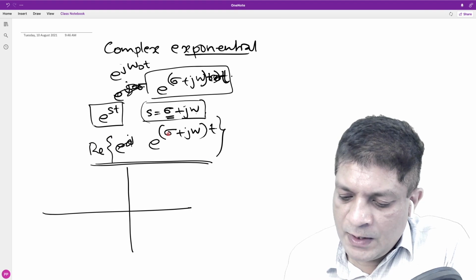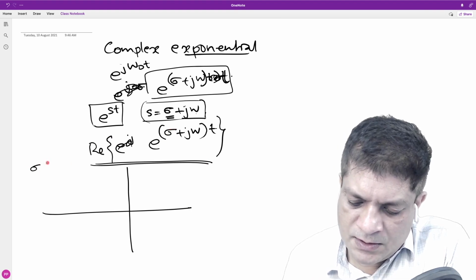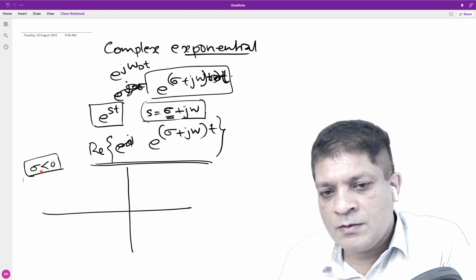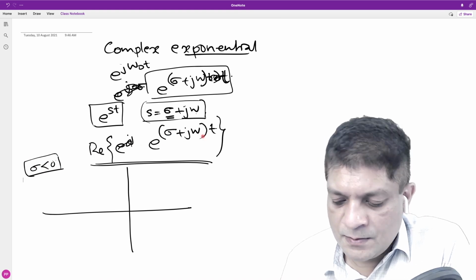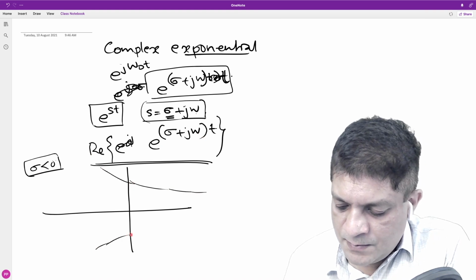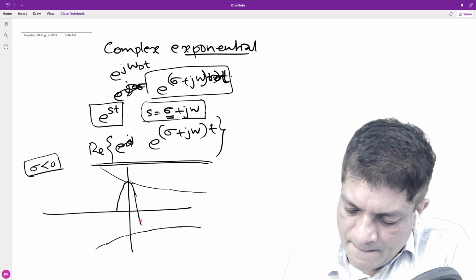Will it depend on the value of sigma? Let us say sigma is less than 0. Then what will be the shape of the signal? The real part of it is decreasing. So this will be the signal.